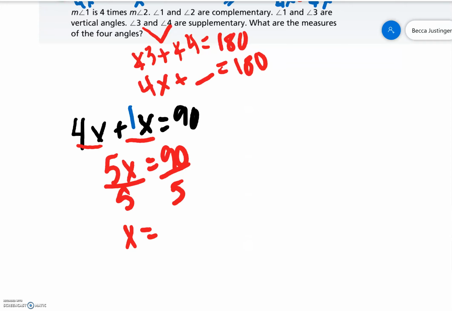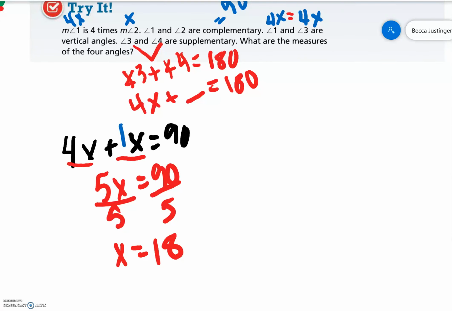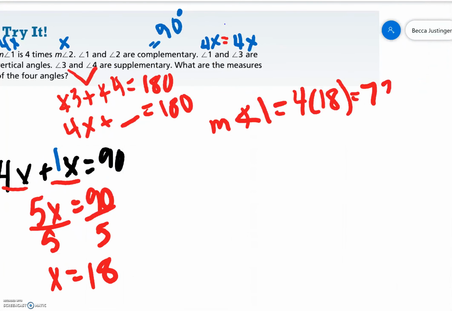Let's see, 90 divided by 5. Yes, x equals 18. Which tells me that measure of angle 1 is 4 times 18, 4x. 18 times 4 gives us 72 degrees. Measure of angle 2 is equal to just 1x, so it's just equal to 18 degrees.